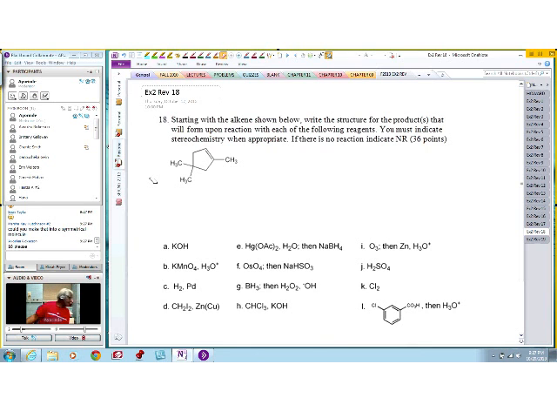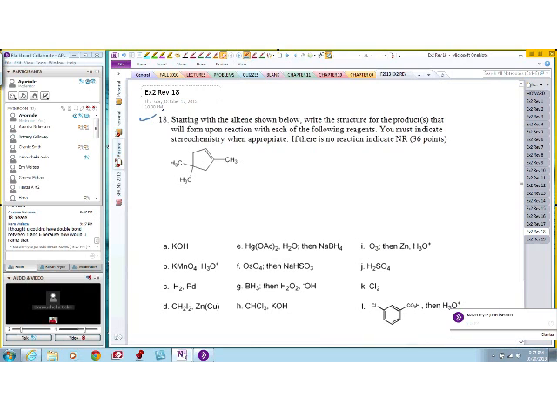Danuchika Gering, can you read number 18 for us? Starting with the alkene shown below, write the structure for the products that will form upon reaction with each of the following reagents. You must indicate stereochemistry when appropriate. If there is no reaction, indicate NR.